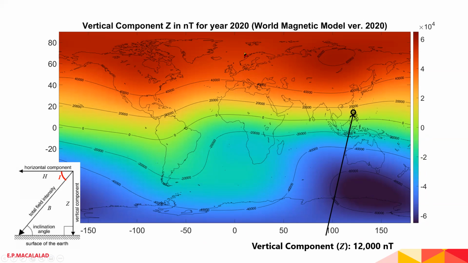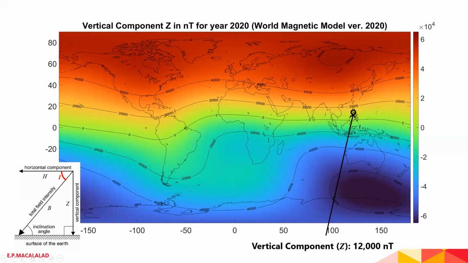And then above the magnetic equator, the vertical component is pointing downward, so it becomes more positive. From this, we can identify where the magnetic equator lies. This is where the magnetic equator lies, at 0 component Z.